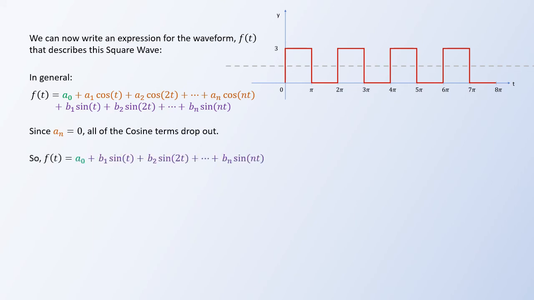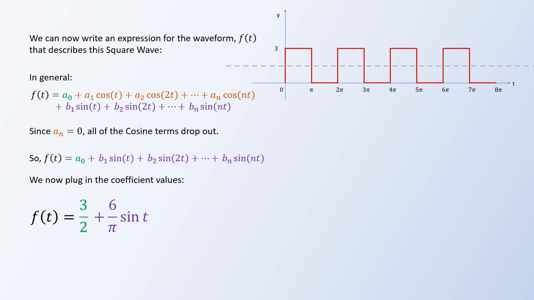So for our particular case here, f of t is going to be a0 plus b1 sine t plus b2 sine 2t and so forth, all the way up to bn sine nt. So if we now plug in the values from what we saw in the previous slides, we get this, that f of t is going to be 3/2, that's the constant term, plus 6 over 1 pi times the sine of 1t.